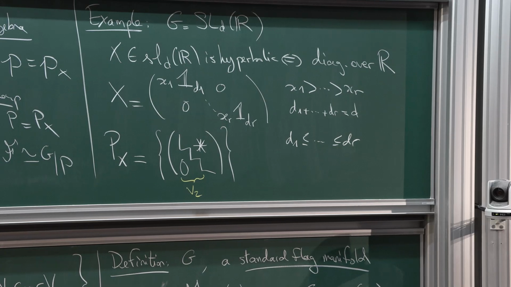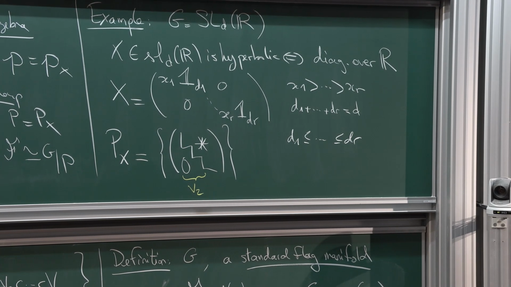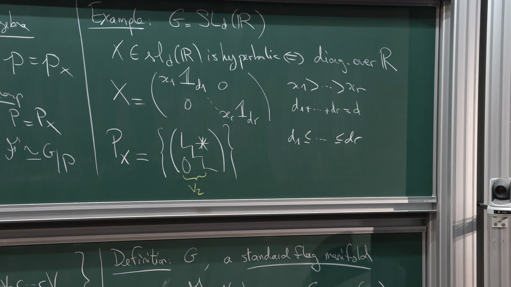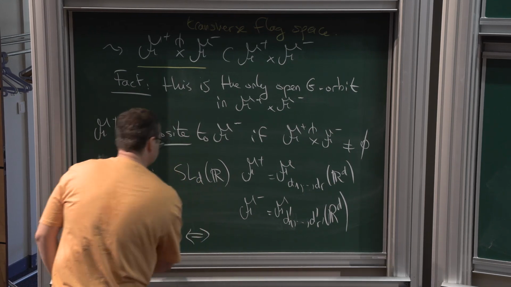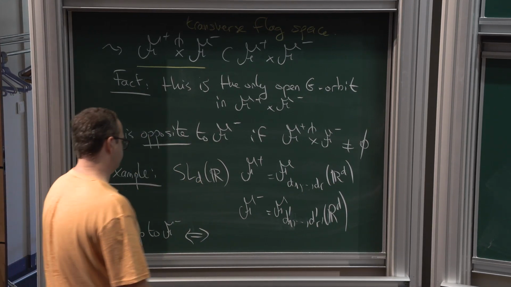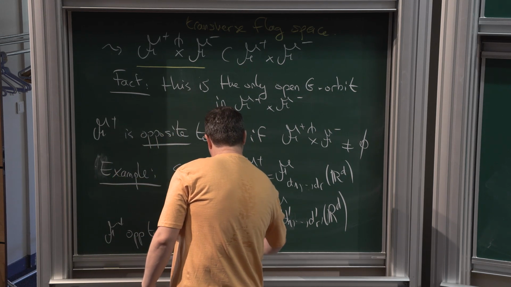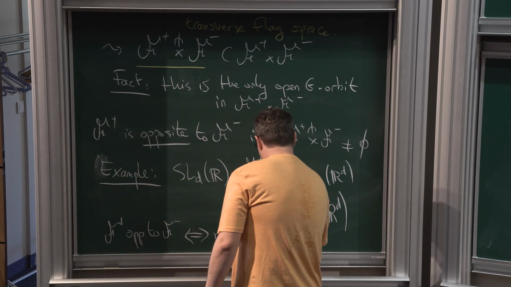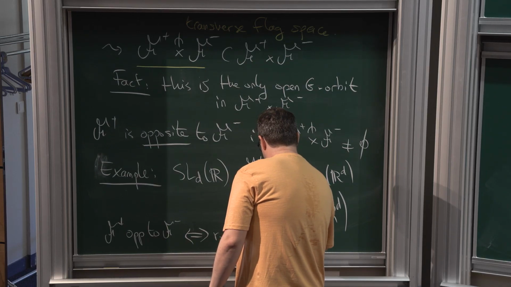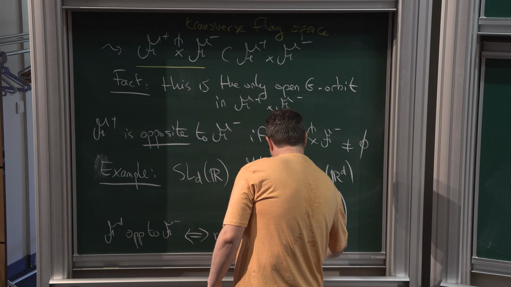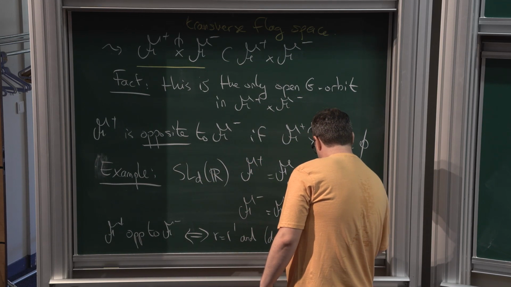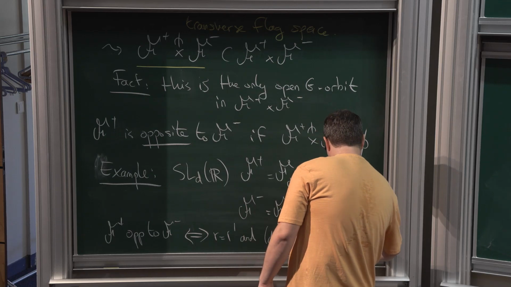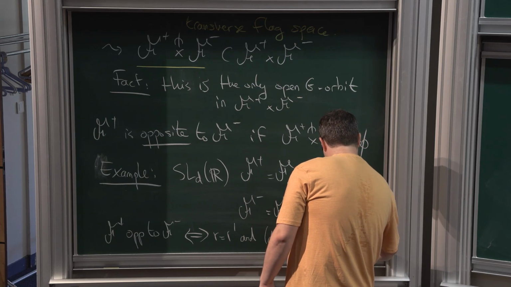So then F plus is opposite to F minus if and only if, now I need to get it right, r is r prime, and if you look at the list from d_1 to d_r, they will be d minus d'_r, through d minus d'_1, I think.